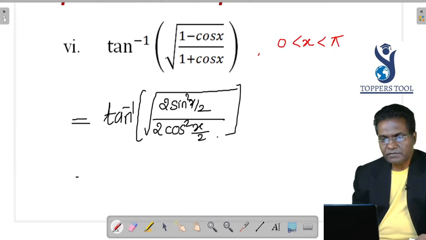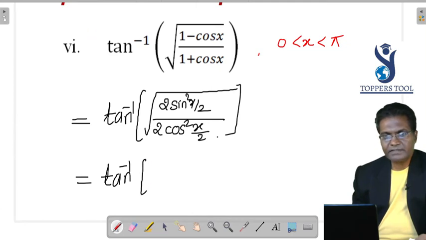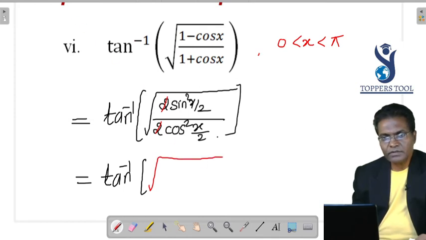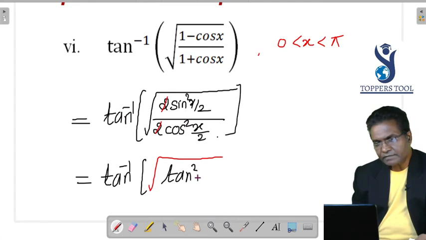Okay. So this is tan inverse of, 2 cancels, and under root sin square by cos square means tan square, you will get tan square x by 2.